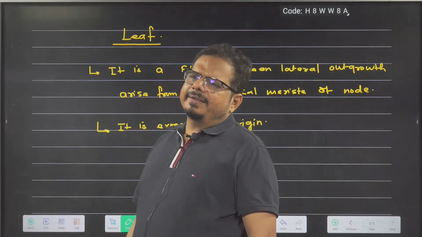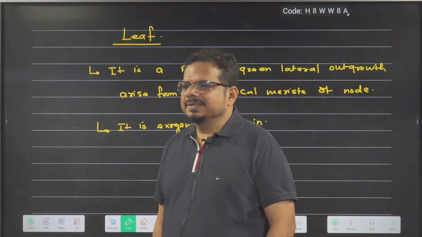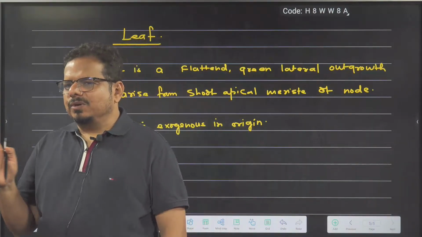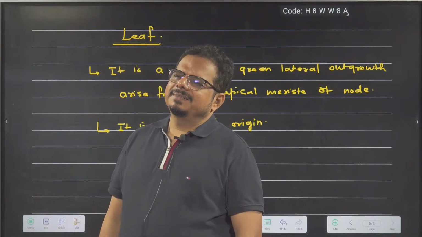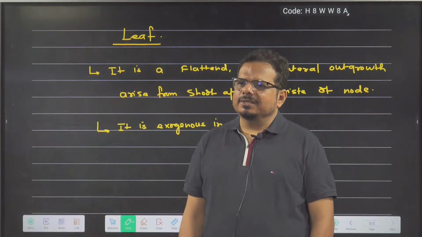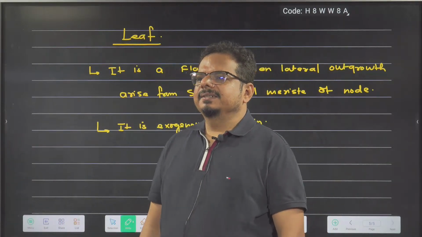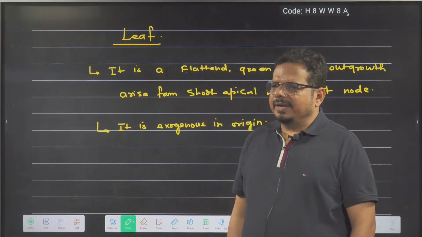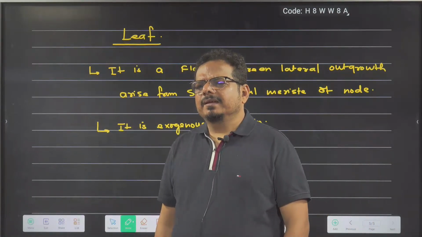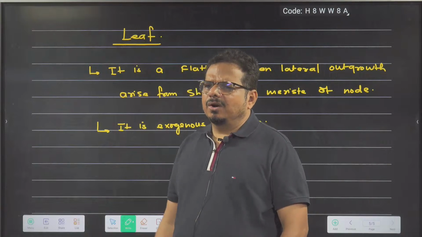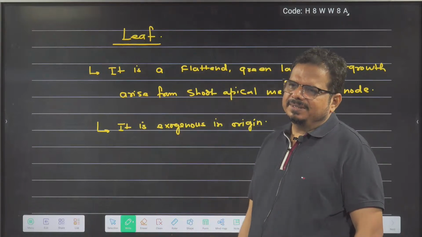I told you when it is arising from the deeper tissue of the plant, it is endogenous in origin, and I have given the example of endogenous in origin as lateral root. If anything arises from the outer, peripheral tissue layer of the plant, it is called exogenous in origin.